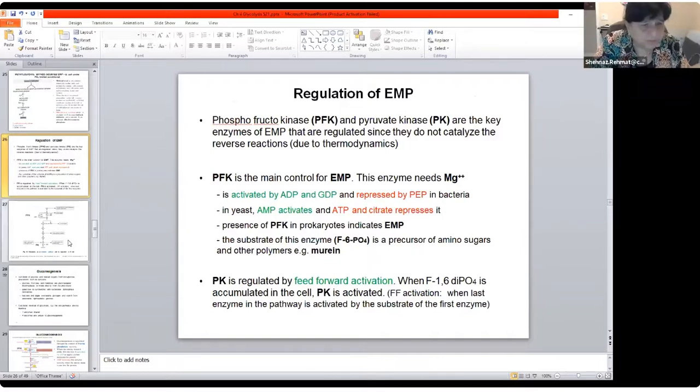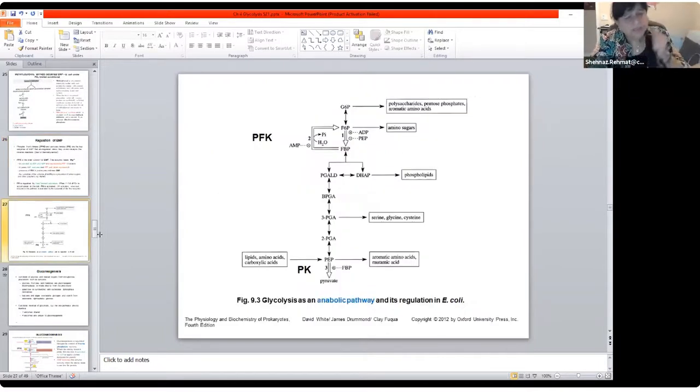So moving on, I called your Embden-Meyerhof pathway an amphibolic pathway, so why am I calling it an amphibolic pathway? Because we've seen glucose being broken down to pyruvate in this pathway, but this pathway can be reversed very easily and become an anabolic pathway.